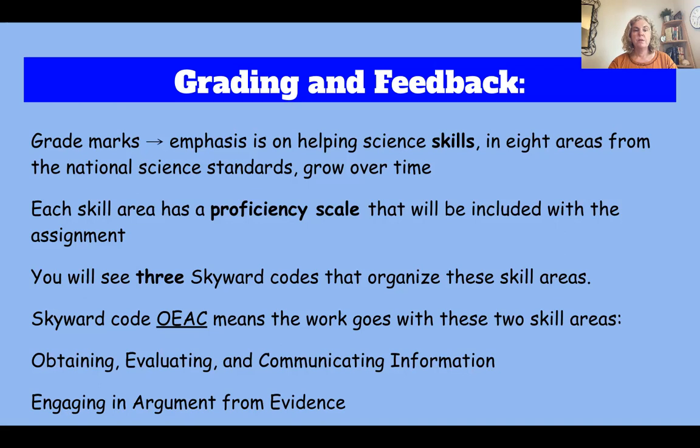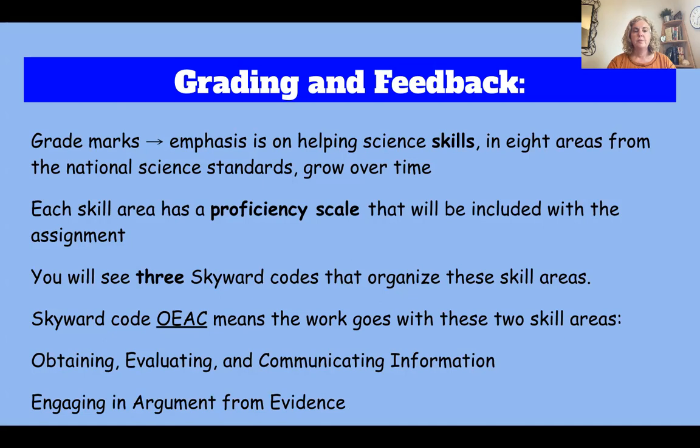Your students will hear the term proficiency scale a lot. That is the tool when something is at the point or official enough to get a grade mark, a 1, 2, 3, or 4, where a 3 is at standard.